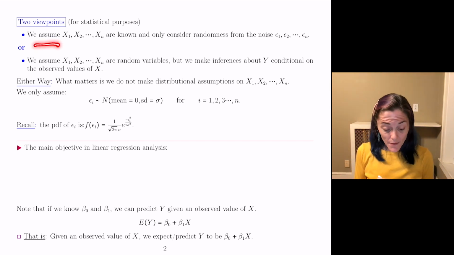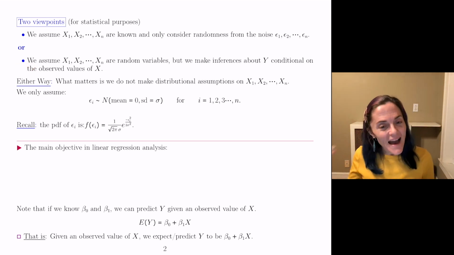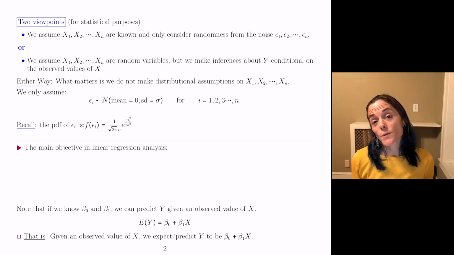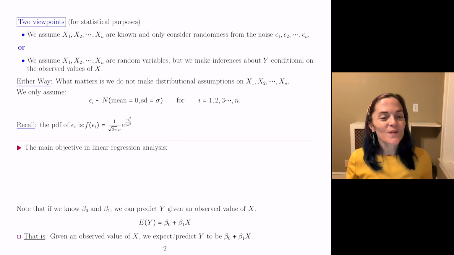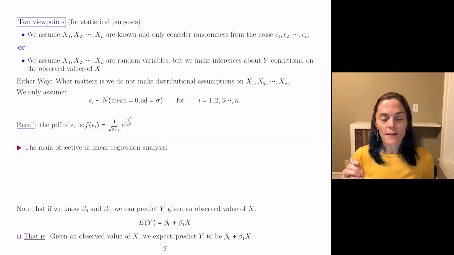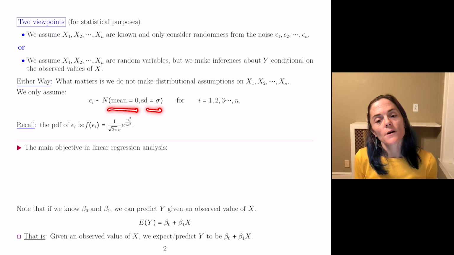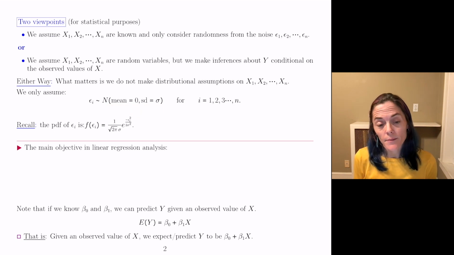Either way you think about this, what matters is we are not making distributional assumptions on x1 through xn. We only assume that epsilon i, our random noise, is distributed as a normal random variable with mean 0 and standard deviation sigma.